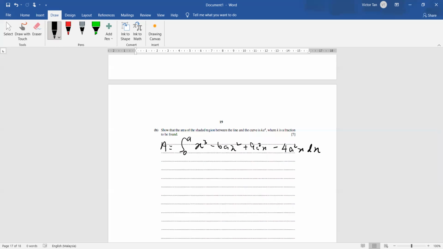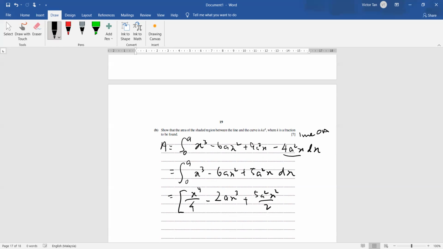Okay, so I'm going to simplify first before I integrate. This is the equation of line OA. x cubed minus 6ax squared plus 5a squared x dx. x to the power 4 over 4 minus 2ax cubed plus 5a squared x squared over 2, from 0 to a.